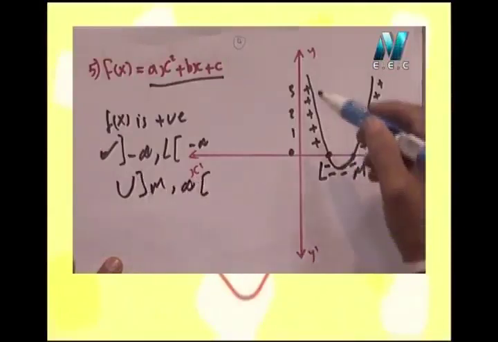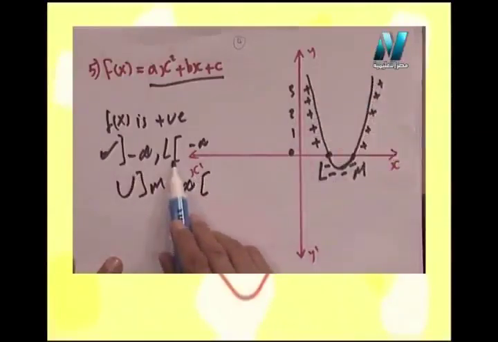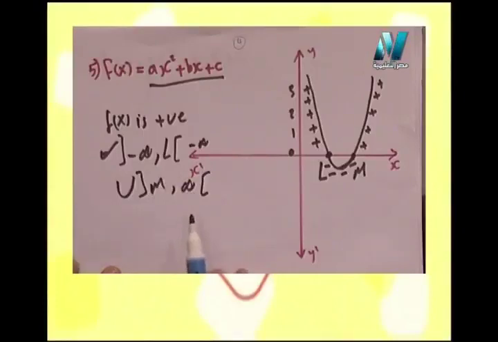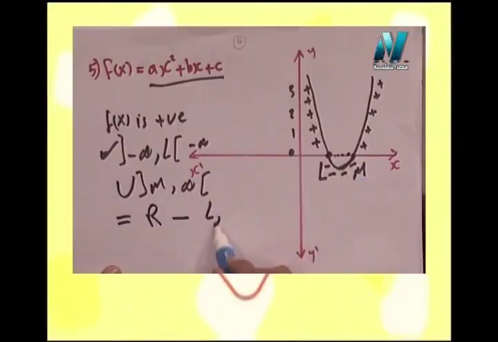So it's positive in this part and this part, from negative infinity to L and from M to infinity. Or we can say that this function is positive on R except this part, from L to M, closed.